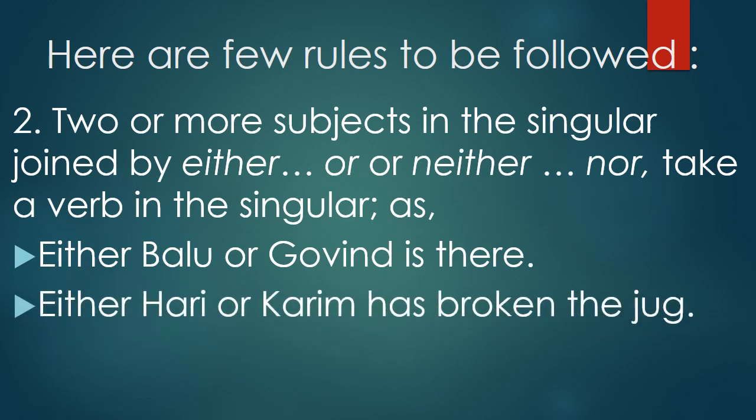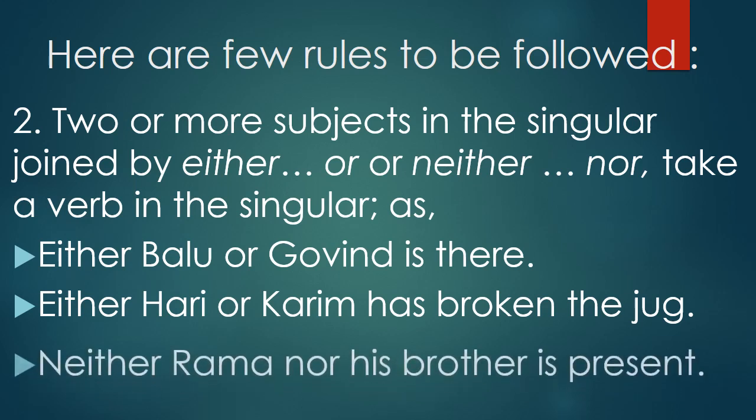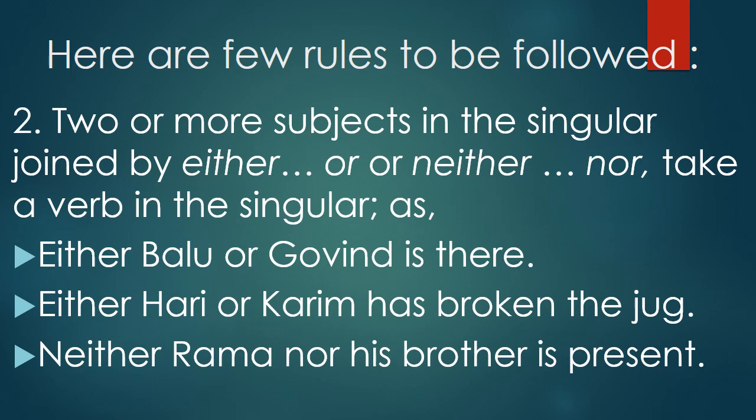Either Hari or Kareem has broken the jug, means Hari or Kareem, one of these two persons has broken the jug. So we use singular form of the verb where we use either or neither nor. Next, neither Rama nor his brother is present. Means none of these two is present.